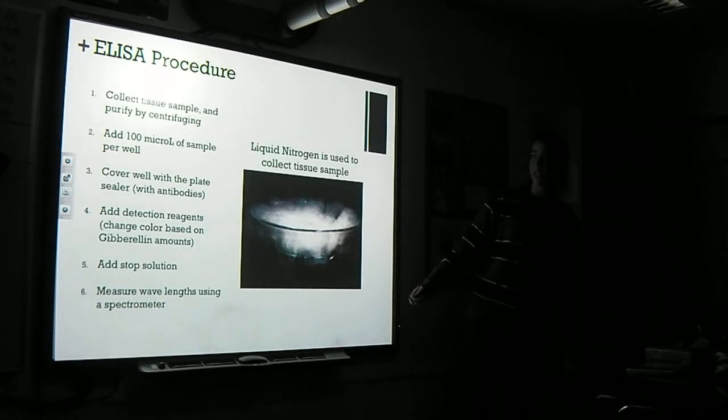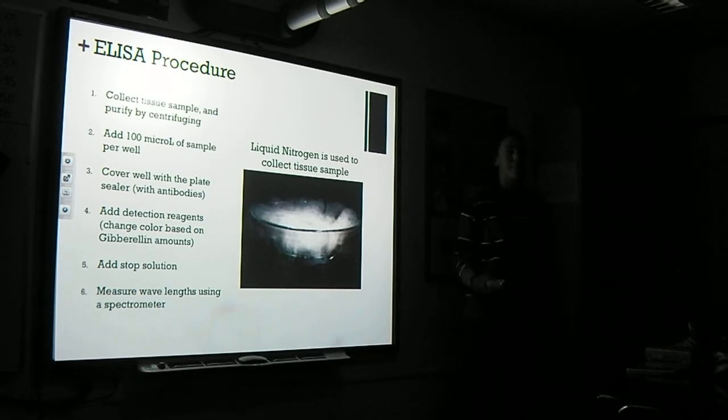So the ELISA procedure is I have to, again, collect the tissue sample, again, from the same places on the plant, and then I purify it by centrifuging. I have to add 100 microliters of each sample into different wells in a plate, and I have a plate sealer that has certain antibodies on it, and basically how it specifically targets gibberellin is these antibodies on the plate sealer are specific for gibberellin to bind to the detection reagents.